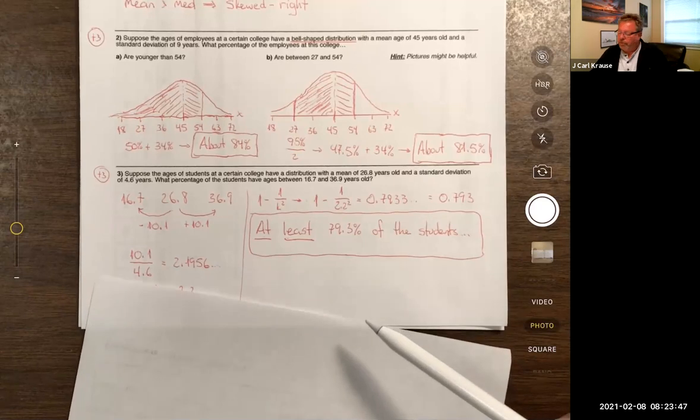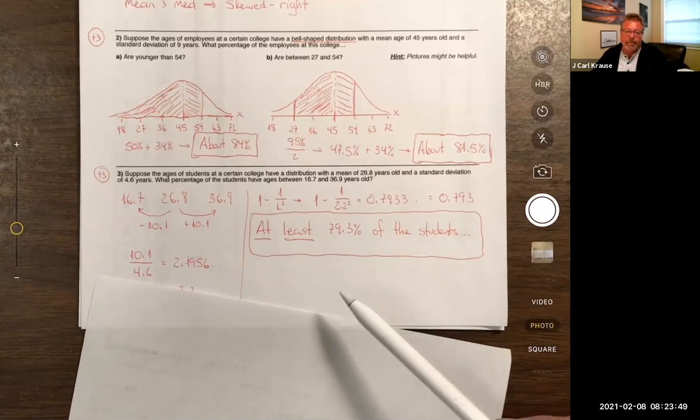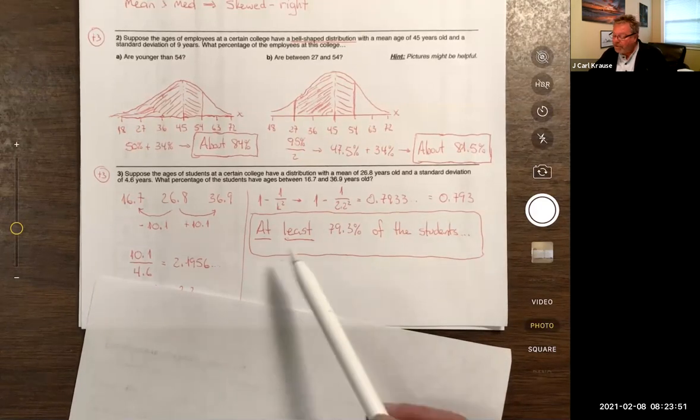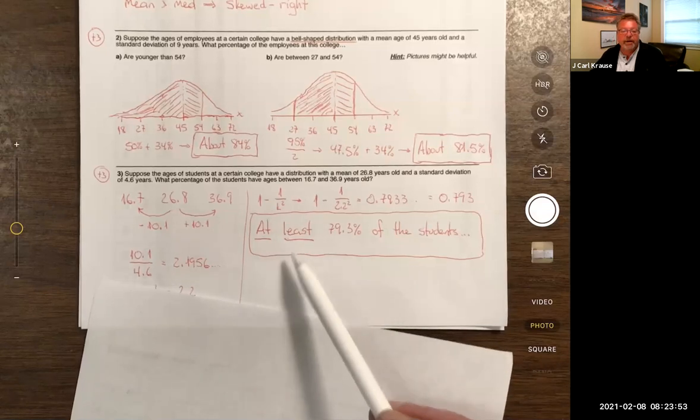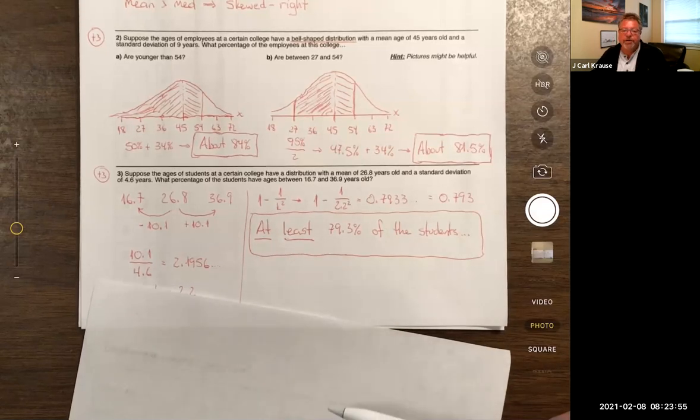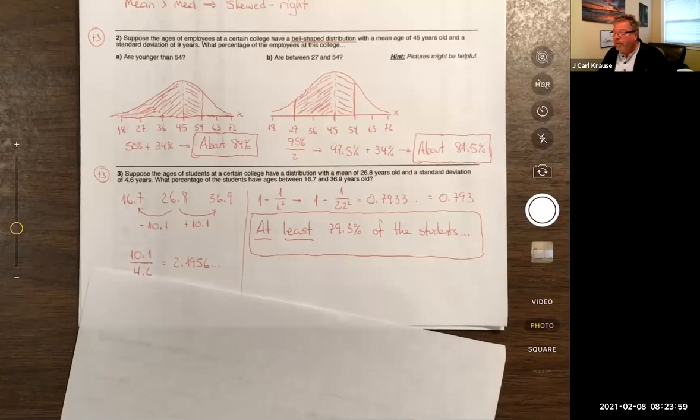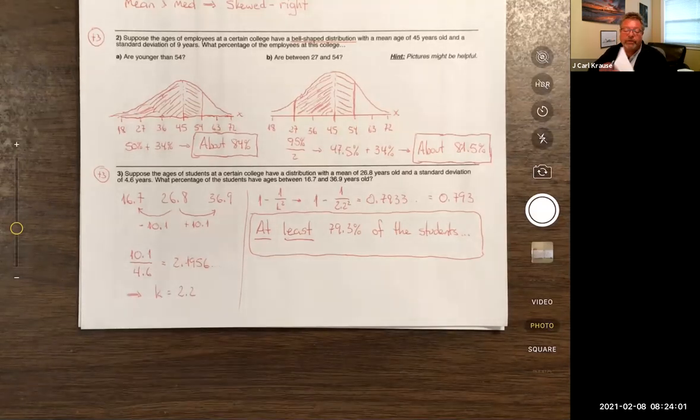And way too many people missed these key words right here, at least, and just told me, oh, 79.3%. But I pushed really hard on this when we were covering this probably a week ago. I think we covered the empirical rule and Chebyshev's on Monday last week.